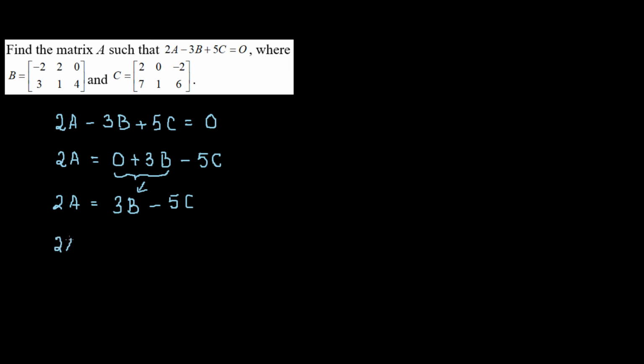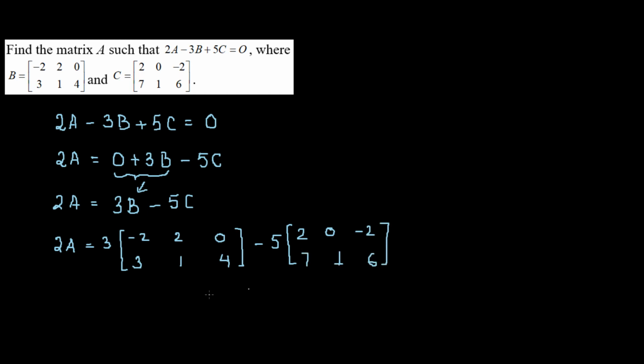Now let's plug in the values of B and C. So we have 2A is equal to 3 times the matrix [-2, 2, 0; 3, 1, 4] minus 5 times [2, 0, -2; 7, 1, 6], which is equal to: 3 times -2 is -6, 3 times 2 is 6, 0. 3 times 3 is 9, 3 times 1 is 3, and 3 times 4 is 12.